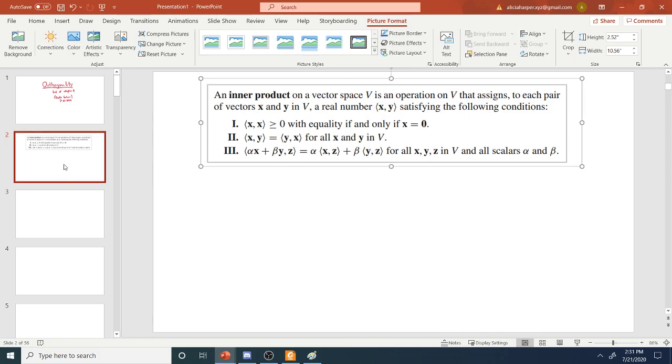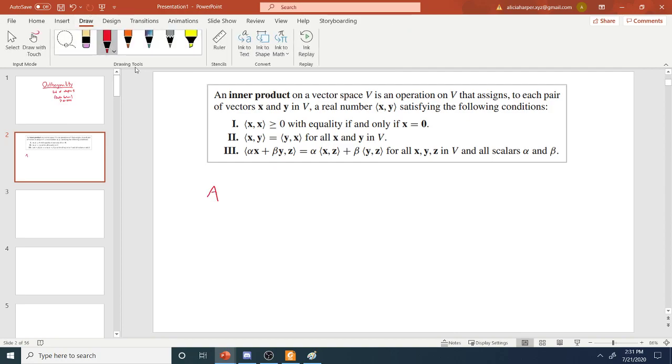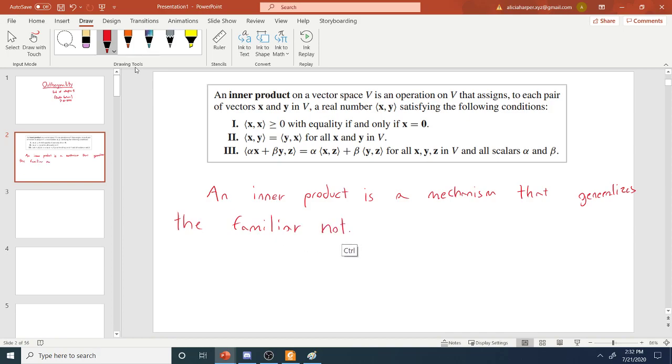So an inner product, basically, is a mechanism that generalizes the familiar notion of the scalar product x transpose times y on Rn.